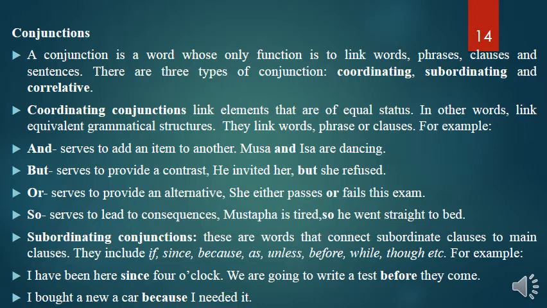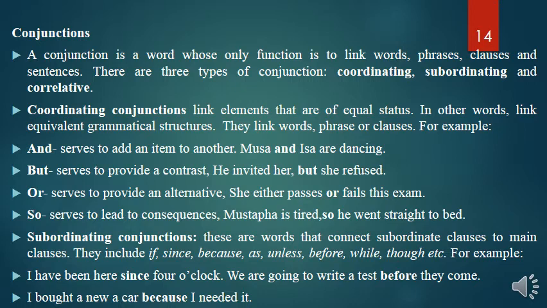We have coordinating conjunction, subordinating conjunction, and correlative conjunction. Coordinating conjunctions link elements that are of equal status. That is, they are connecting or coordinating different elements that are of equal status.